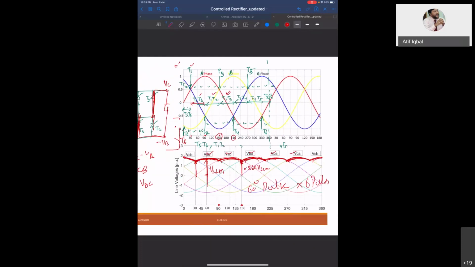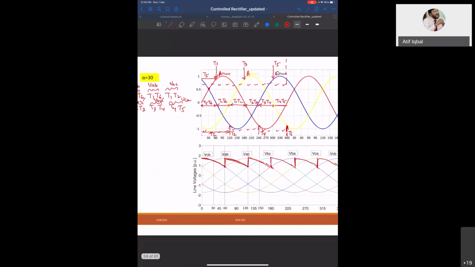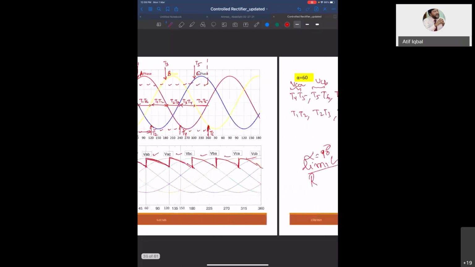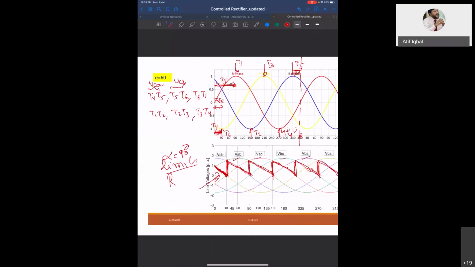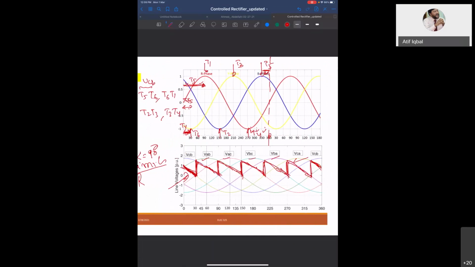So this is 60-degree pulse. And this is called 6 pulse rectifier. Here also you see 1, 2, 3, 4, 5, 6. 6 pulse. 1, 2, 3, 4, 5, and then this part and this part together, it makes you 6 pulse. And each pulse is for 60-degree.